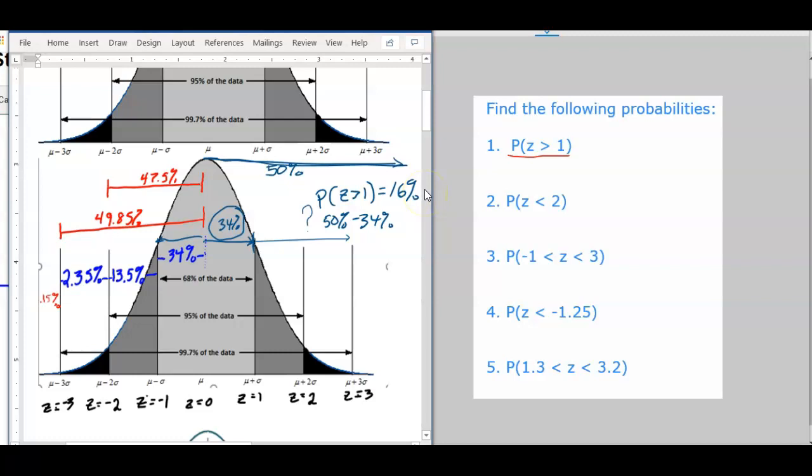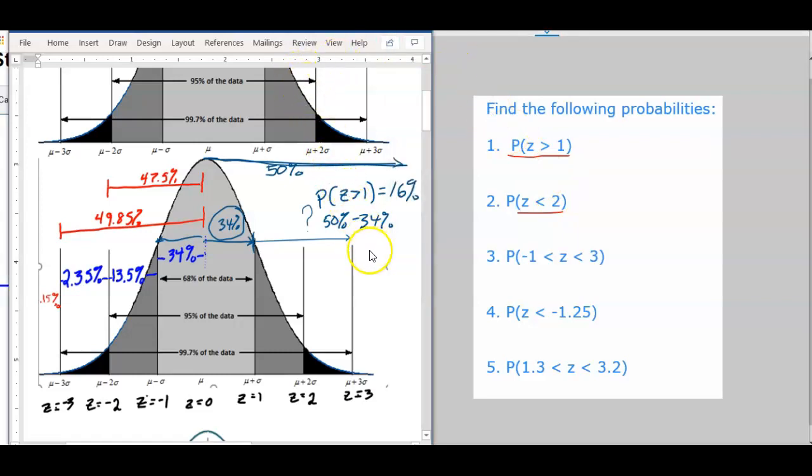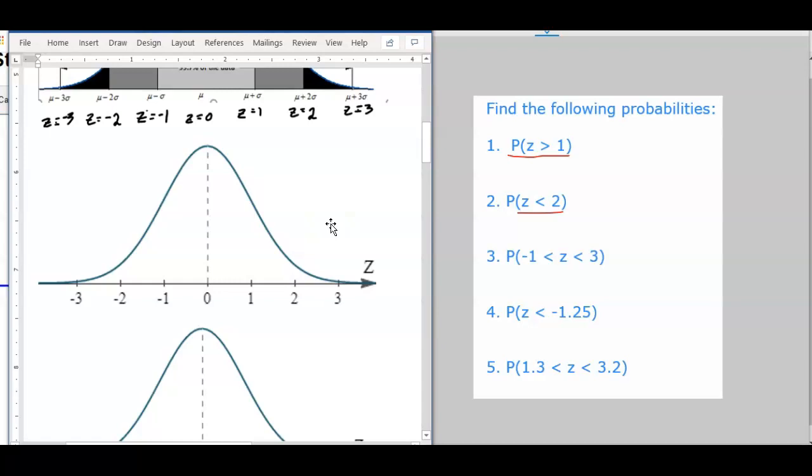So let's go to the next problem, where we have two standard deviations from the mean, and we want the probability that the z-score is less than 2. Probability that z is less than 2 standard deviations. Now that's a positive 2, so that's to the right. So we'll come back and look at this graph.